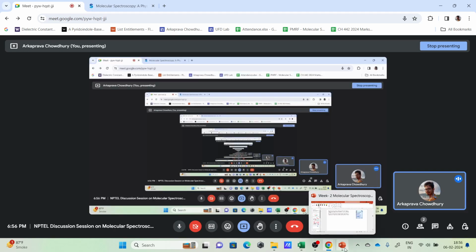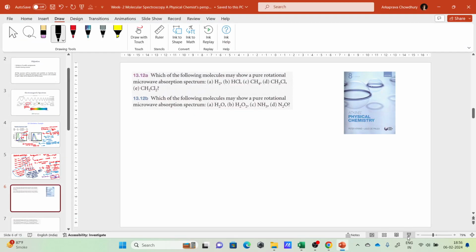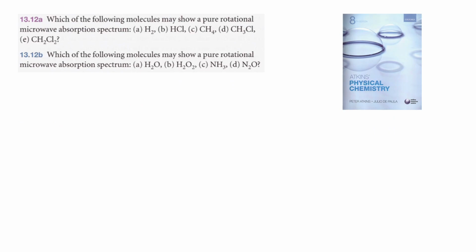Anyway, we will go back to our discussion. So the main condition for a molecule to have a pure rotational spectrum is that it can have a dipole moment, and here, which of the molecules can have a dipole moment? Diatomic homonuclear, are they going to have dipole moments? No, right?